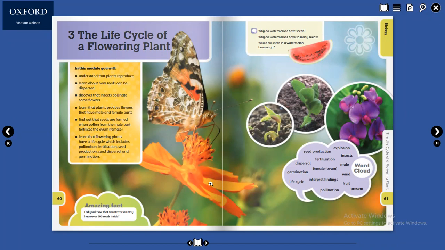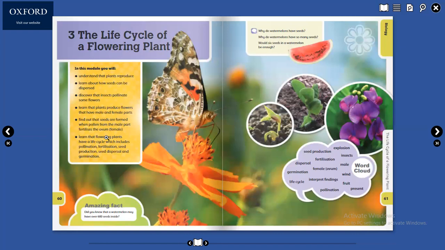So in this module, the name of which is the life cycle of a flowering plant. As you know, we discussed the water cycle in previous lessons.